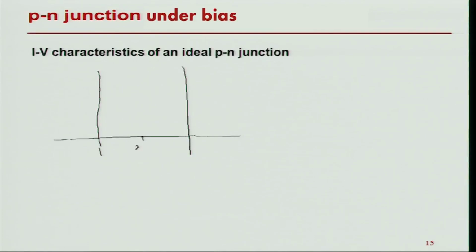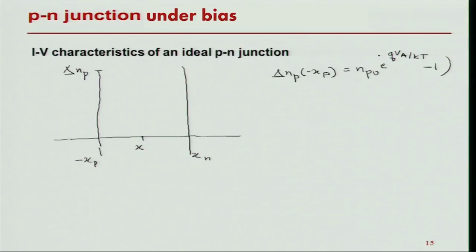This is the depletion region beginning, and I have calculated the excess electron concentration at this point, delta n p at minus x p, which is going to be given by the equilibrium concentration of n in the p region times the exponential of q V A by k T minus 1.